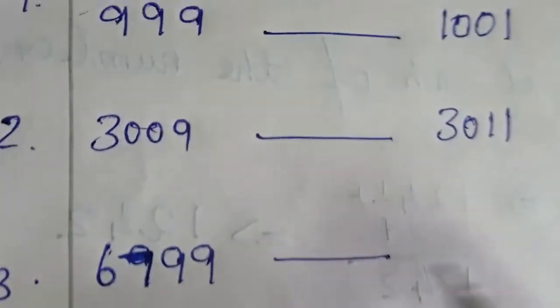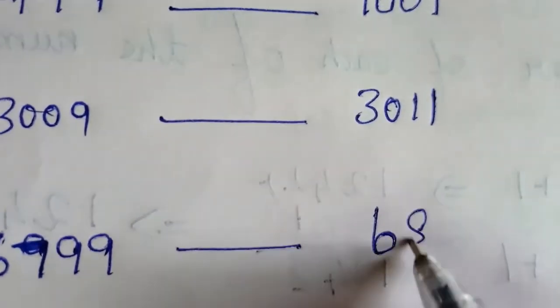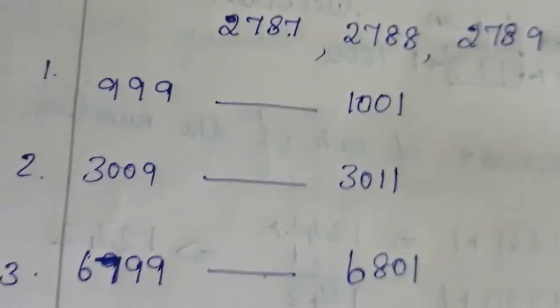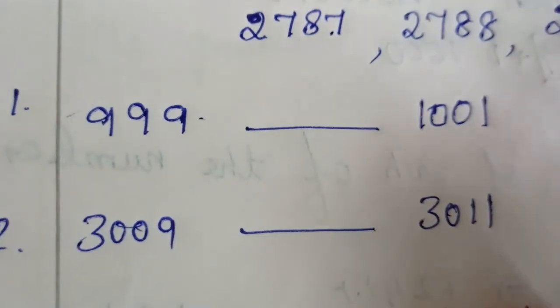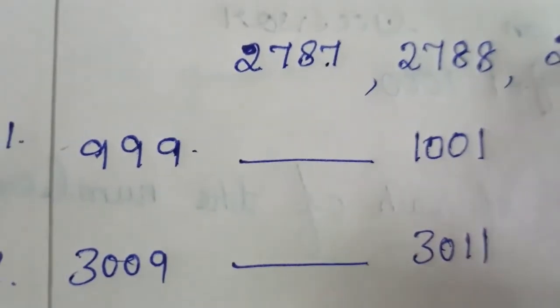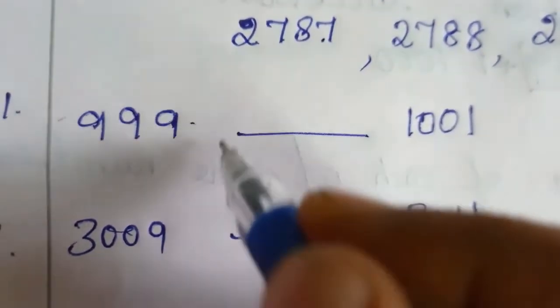Third one, 6799, 6801. So children, if you want to find the between numbers, you can simply add 1 here.